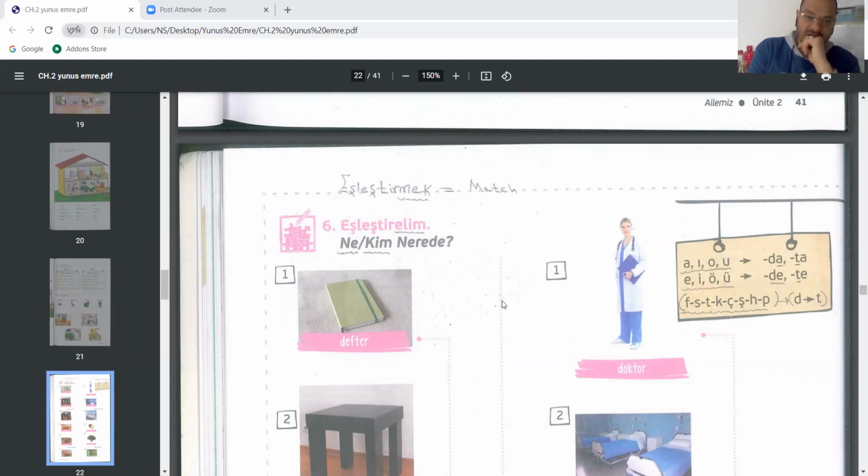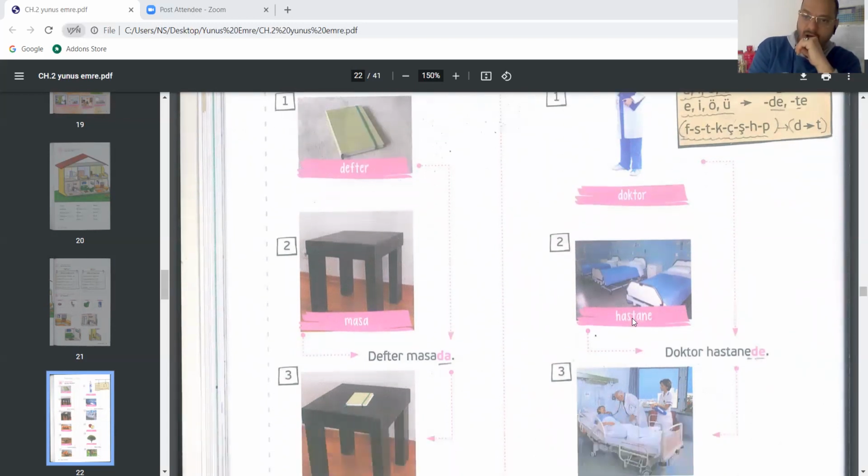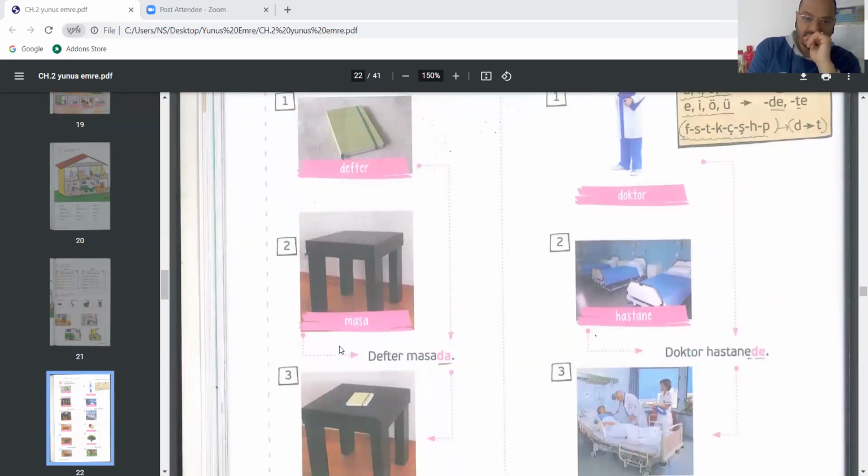Let's take examples about that. Defter, notebook, table, masa, hastane, hospital. Doktor hastanede, the doctor inside the hospital, in the hospital, okay? Defter masada, the notebook at the table.